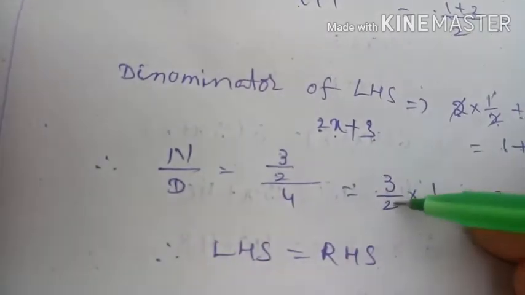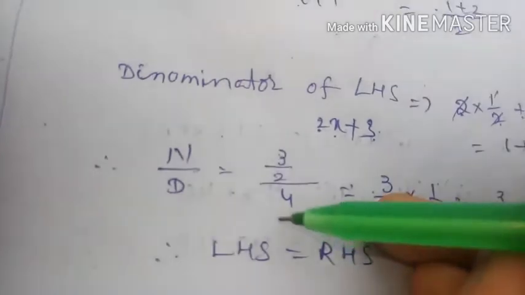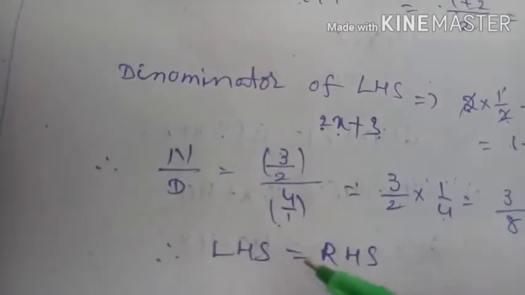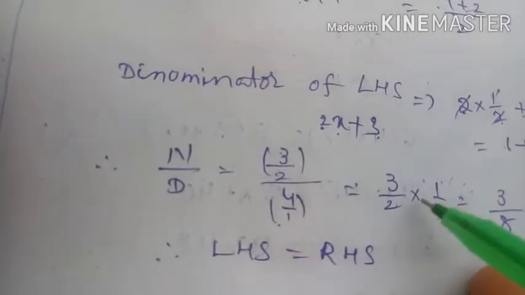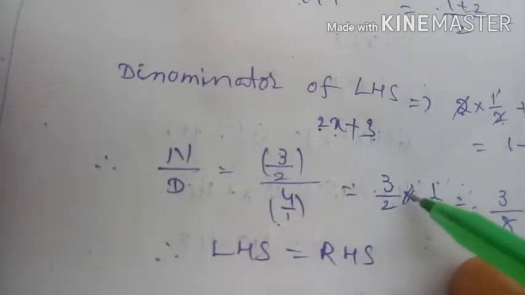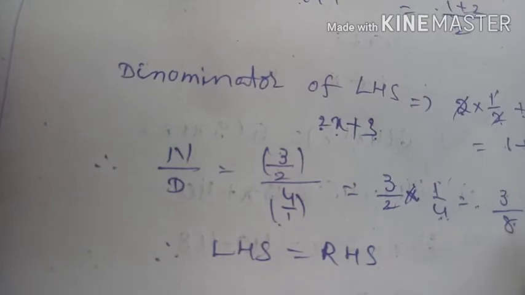So 3 by 2 into 4, can I write 1 by 4? It is also a fraction. So it converts as 1 by 4: 3 ones are 3, 4 twos are 8, 3 by 4.